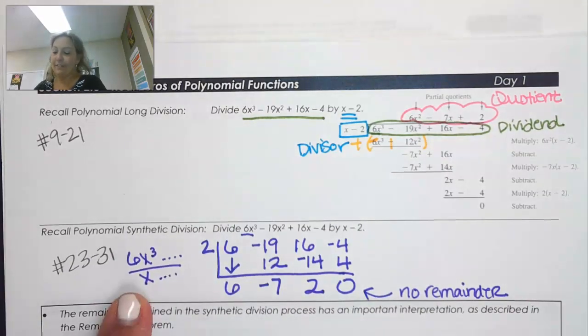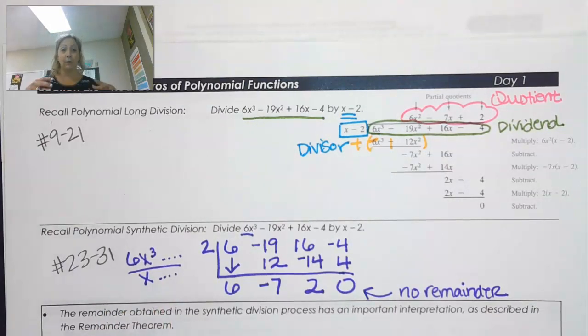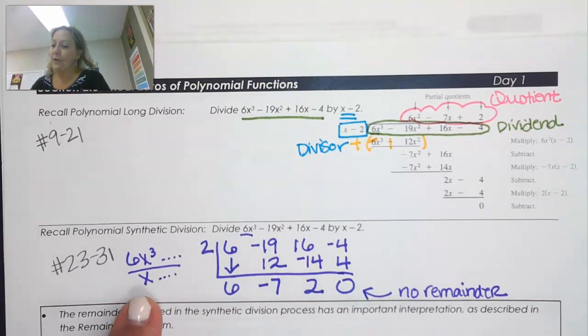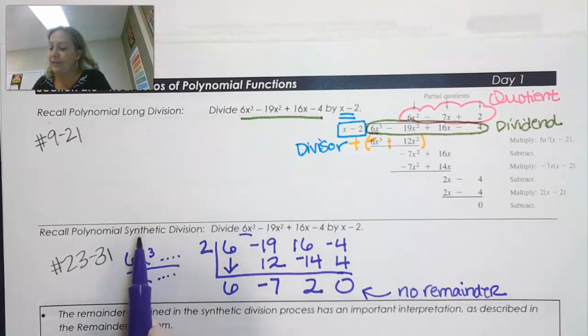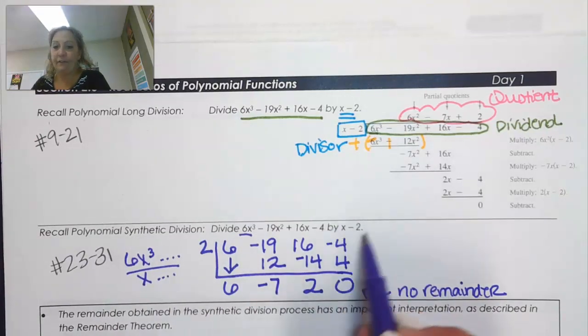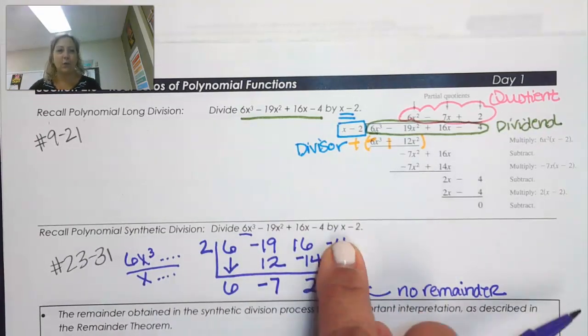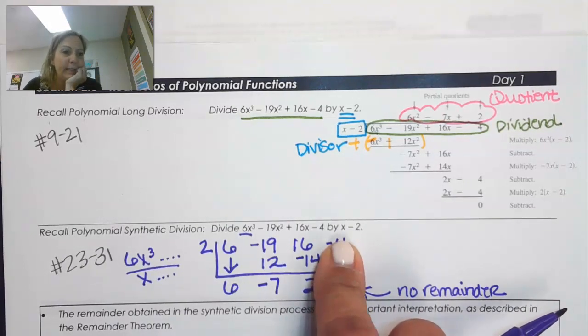And when we think about dividing 6x cubed by x, we can see that we're going to decrease that power by 1 since we would subtract our exponents. And so we can only use synthetic division with these linear factors. If this was x squared minus 2, we wouldn't be able to use synthetic. We'd have to use long division.